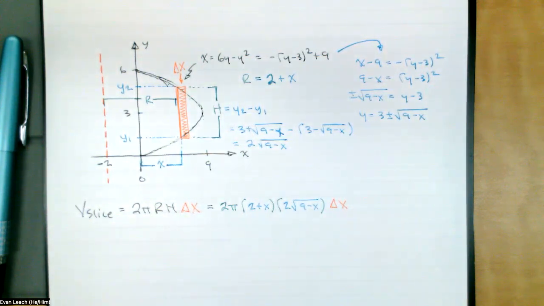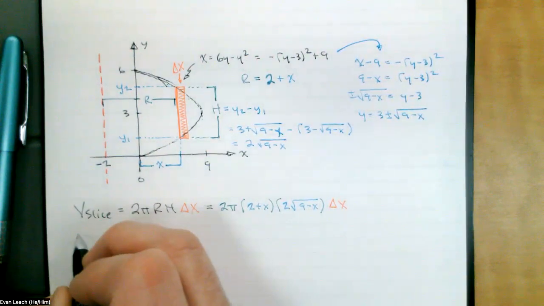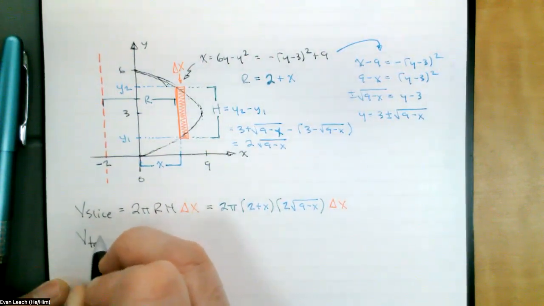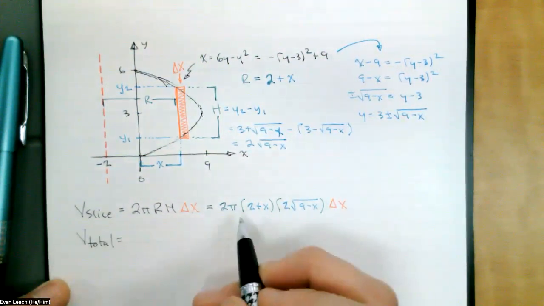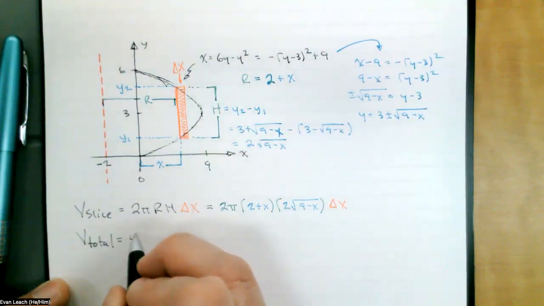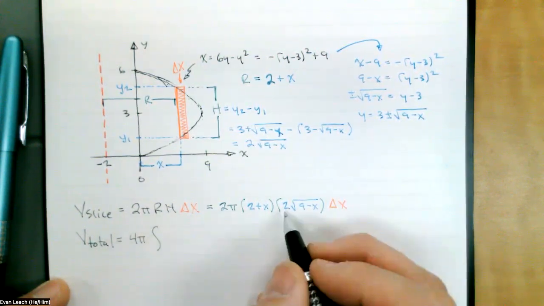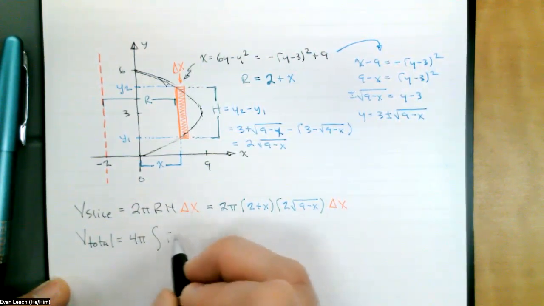Next up is to write a definite integral, which will represent our total volume. We add up all such slices and let the number of slices go to infinity. So our V total. I'm going to factor out a 2 pi and a 2. So I'm going to factor out the 4 pi. I'm going to leave this as 2 plus x. Oh, there's nothing to simplify.